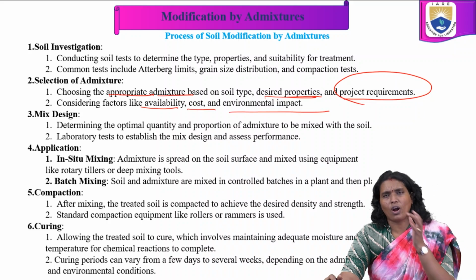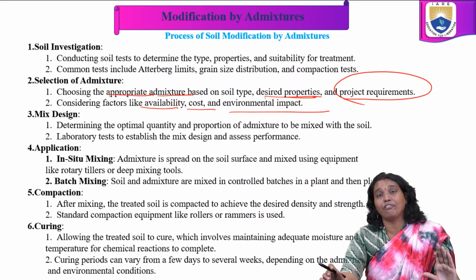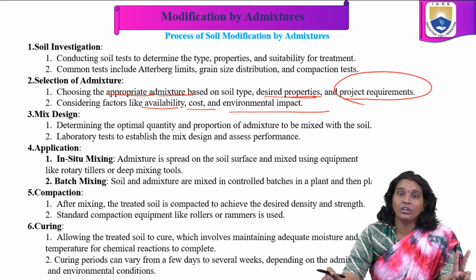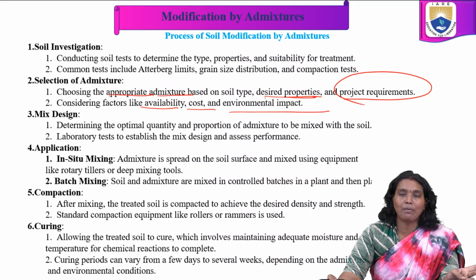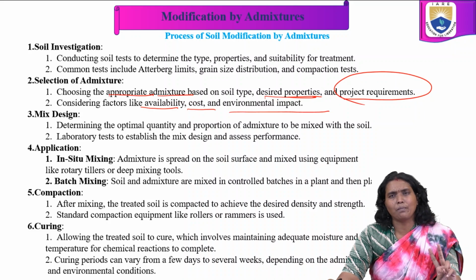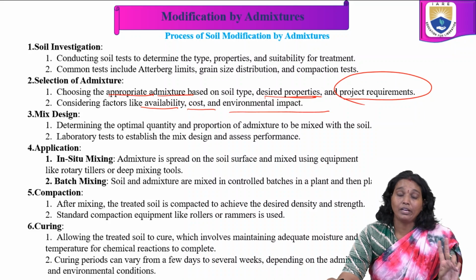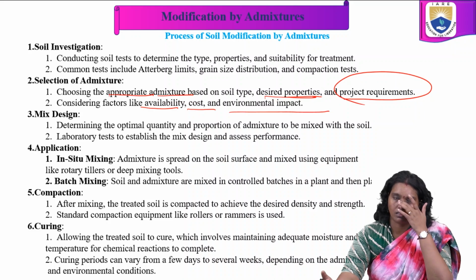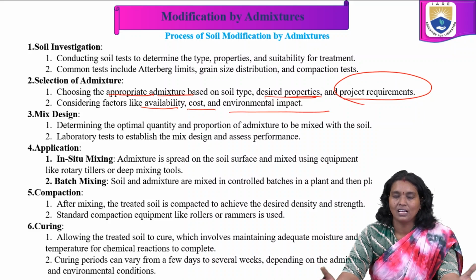Suppose we have two different types of admixtures for the same kind of reaction. One is lime and the other one is some X. Coming to lime, its availability is very low, and its usage also affects the environment.